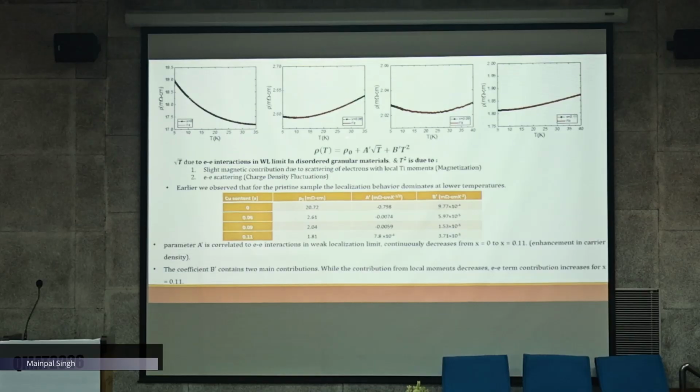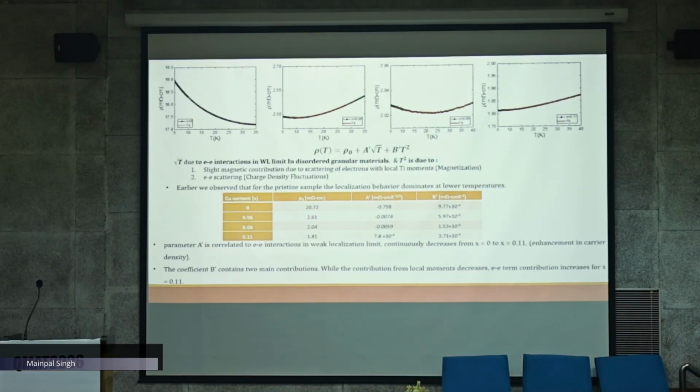So we fitted the resistivity data for all four samples using this formula, where rho naught is the residual resistivity, the A prime root T term is the localization component, the weak localization component in disordered granular materials, and the T square component consists of two main mechanisms.